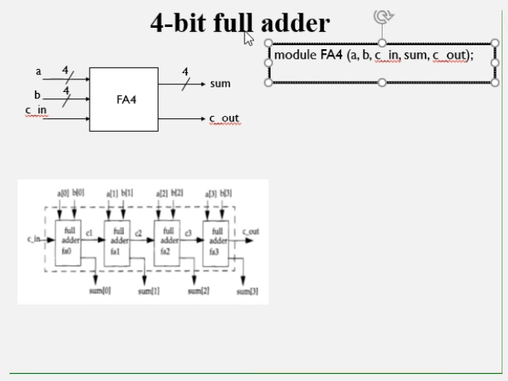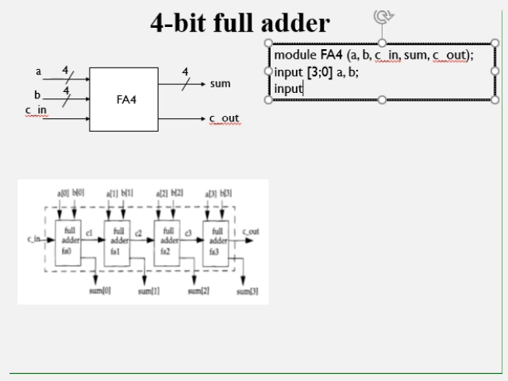Next is the declaration of input and output. A and B are the inputs, but if you just declare them as input A, B, they will be declared as single bit lines. Now that we know that A and B are not single bit lines but 4-bit vectors, I declare them in square brackets as 3 down to 0 A, B, meaning A and B both will be declared as 4-bit vectors.